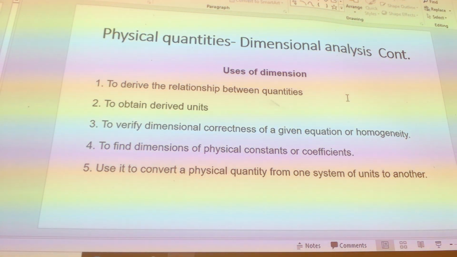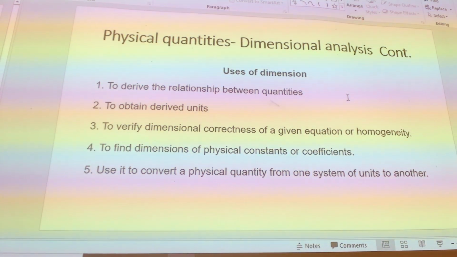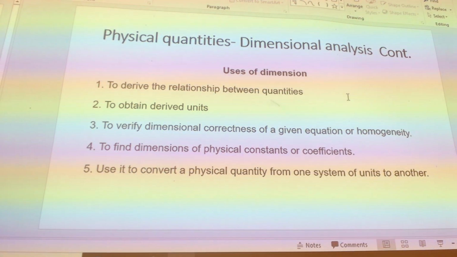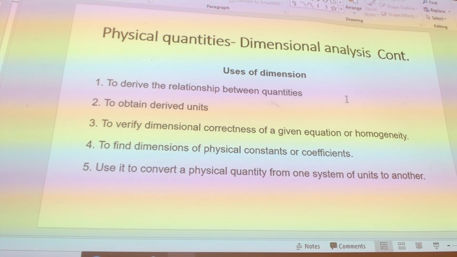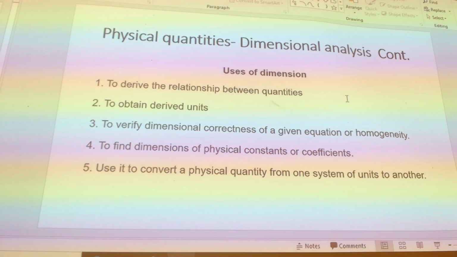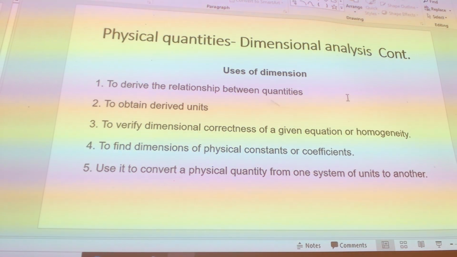The next use of dimension is to check the homogeneity of an equation, or it helps us to show whether an equation is correct or not. It clearly tells us the correctness of an equation.